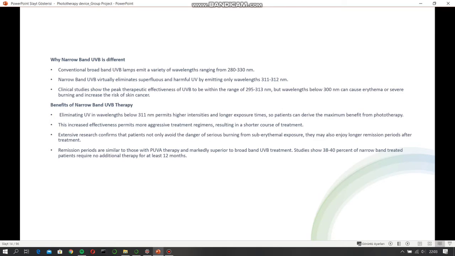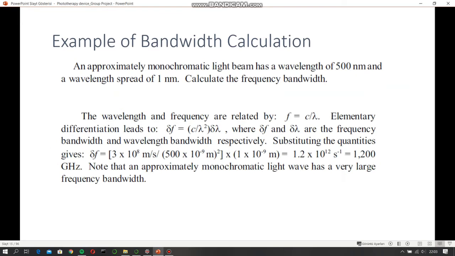Studies show 38 and 40% of narrowband treated patients require no additional therapy for at least 12 months.